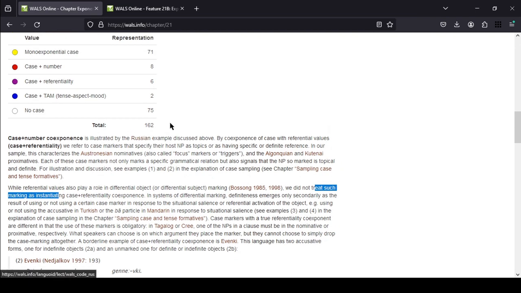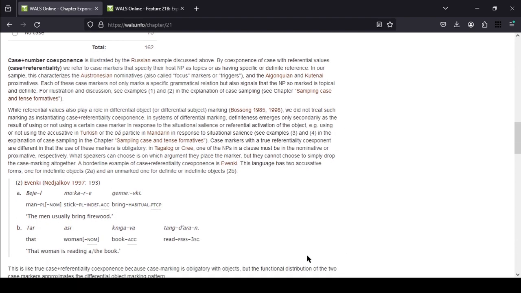So they're saying that they didn't consider differential object marking as marking case plus referentiality, which is interesting. Oh, Basong, that's the guy who invented this stuff, right? That we read about in the Wikipedia article, and they're citing him. They're citing the inventor. Wow. At least I think that's correct.